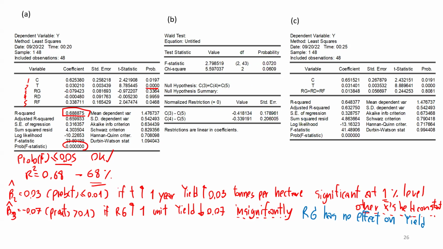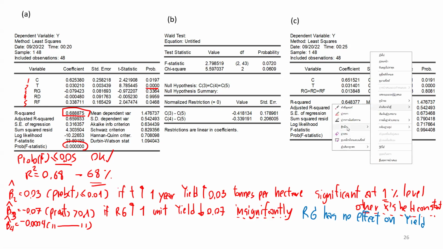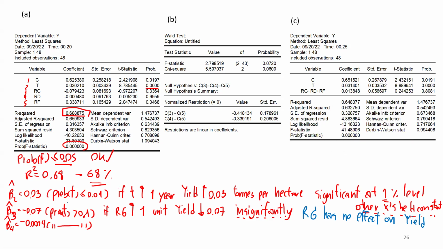Okay, so as well as beta 4, similar because it's minus something as well. The probability is over 0.1 as well. It means you can say it decreases but not significant, or you can say that RD has no effect on yield.